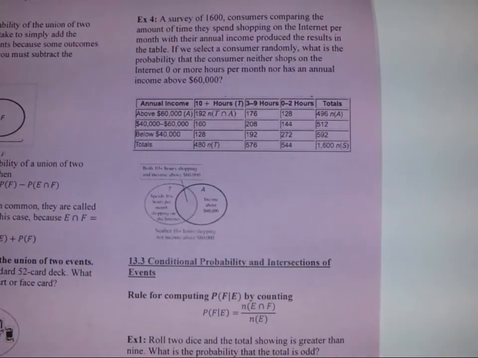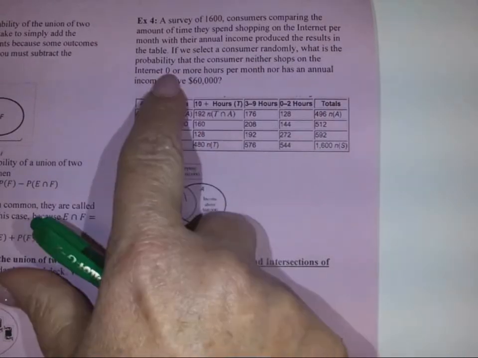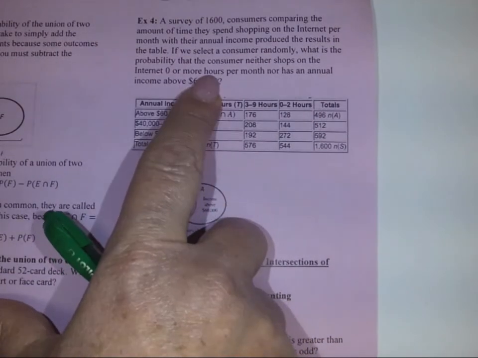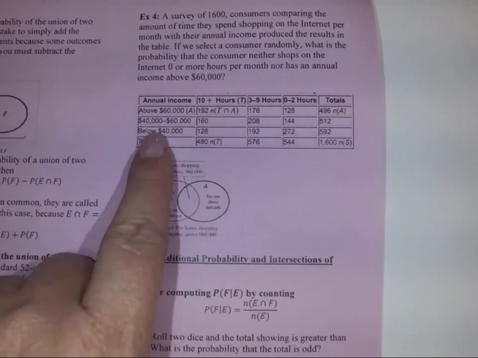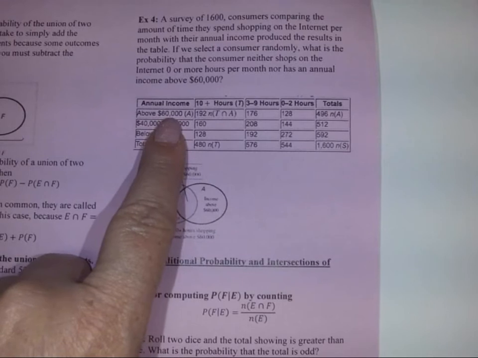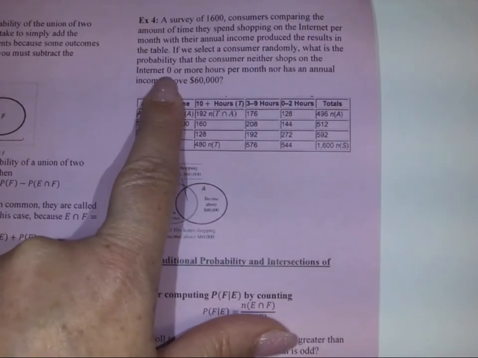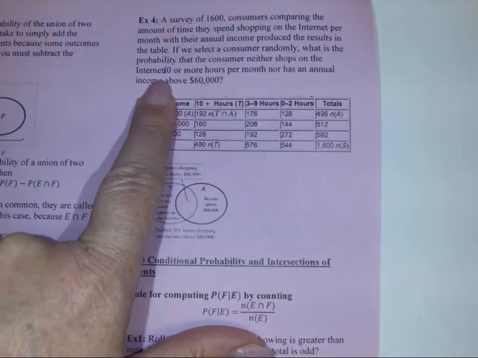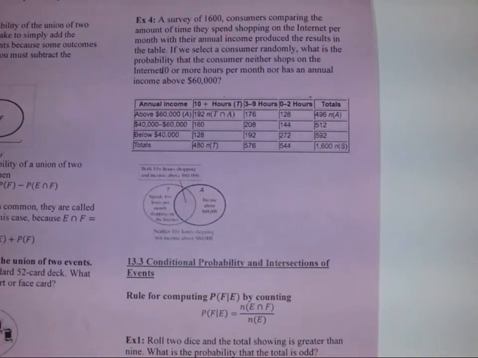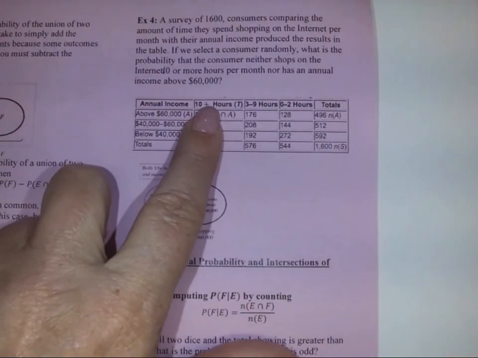Sorry, I read it a little bit off. I think it's supposed to be 10 or more hours per month. We'll see what the data here is we're going to find. All right, so we're looking for above, and this should be a 10 or more hours. So this should be a 10. I'm like, what number are we looking for? So 10 or more hours.